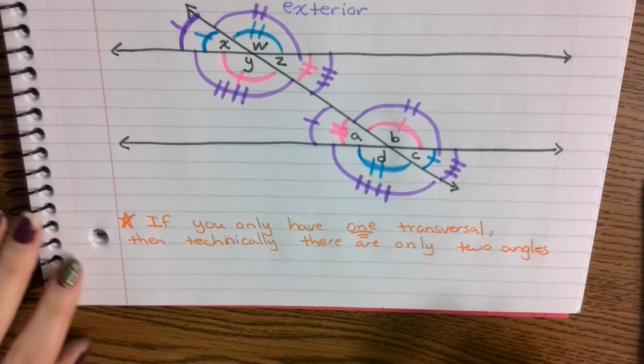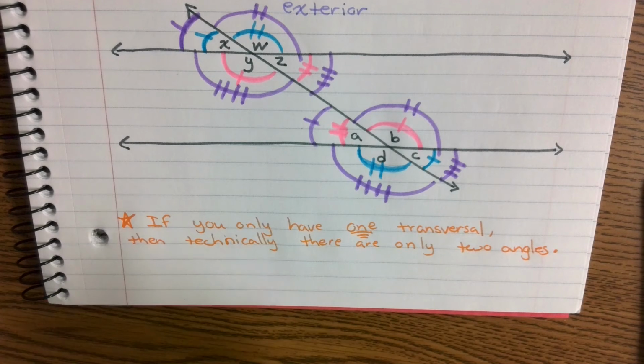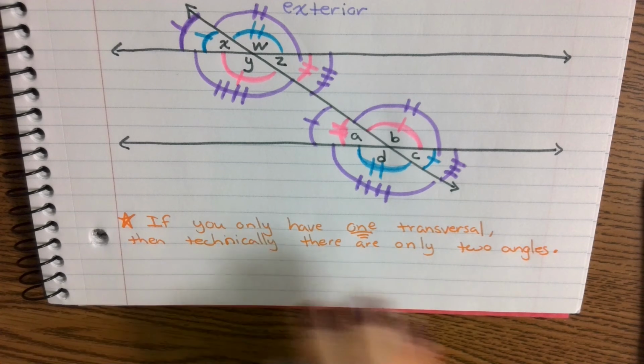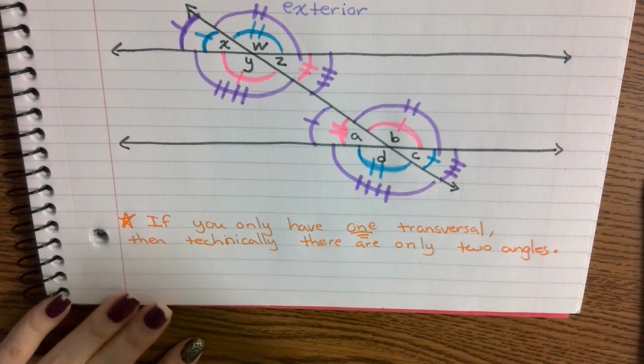Again, if you only have one transversal intersecting a set of parallel lines, you technically only have two angles.